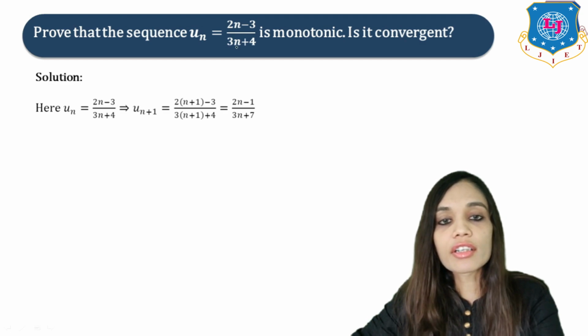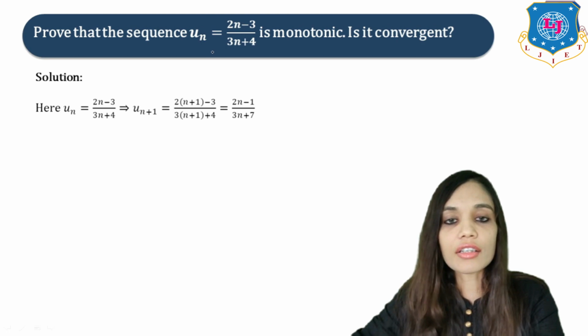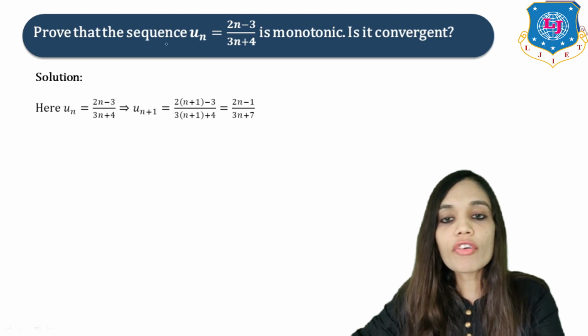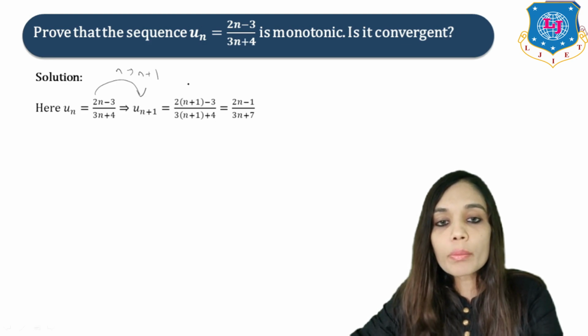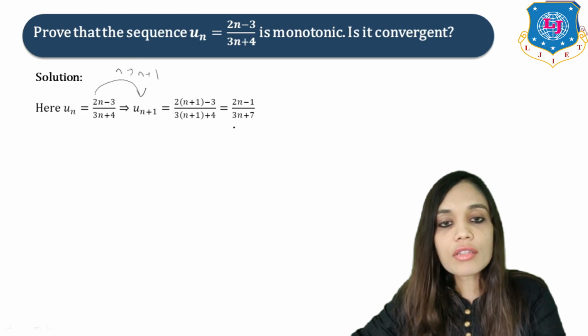Firstly, we will check whether the given sequence is increasing or decreasing. Okay. So let us put our u(n) equal to (2n-3) upon (3n+4). Again we will find our u(n+1) by replacing n by n+1. So on simplifying you will get u(n+1) as (2n-1) upon (3n+7).